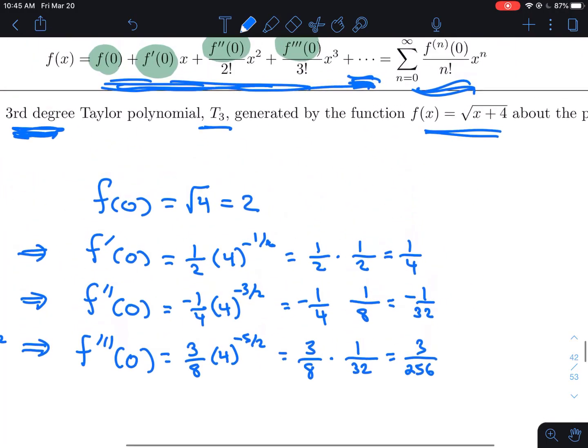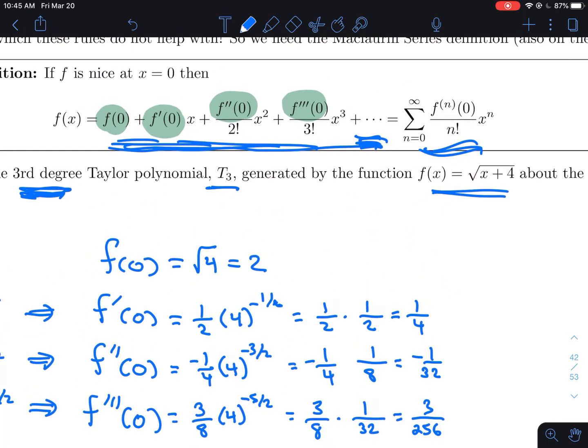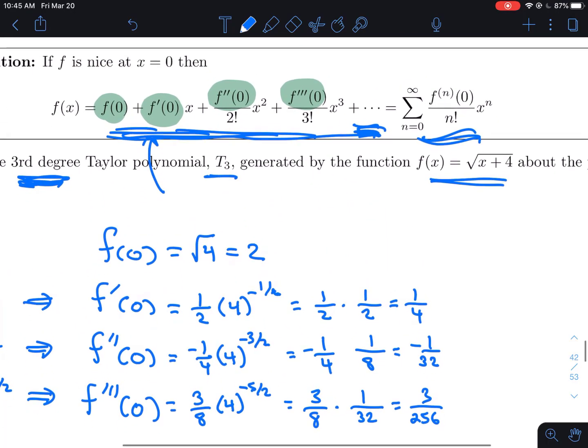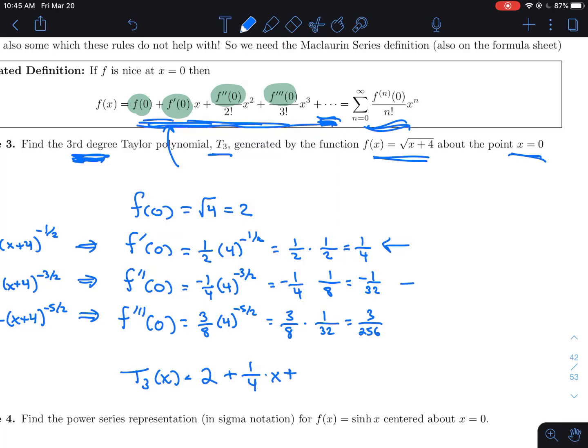All right, so now we have all of the pieces that we need. Now we need to go ahead and assemble them. So using this formula up here, we're just doing the third degree Taylor polynomial. So if you wanted to, you could call this T3. We're going to have our f of 0, so that's 2, plus f prime of 0, so that's 1/4 from what we have calculated up here, times x, plus the second derivative, so that was negative 1/32.